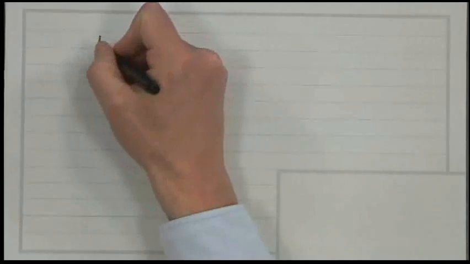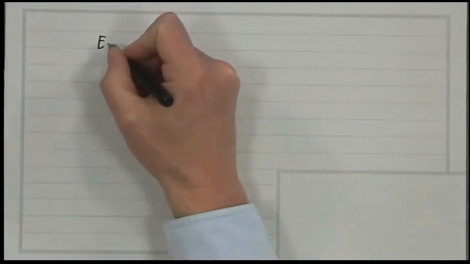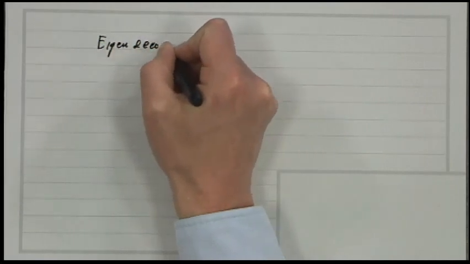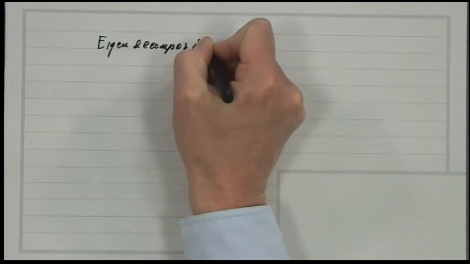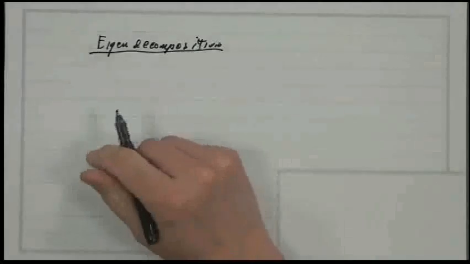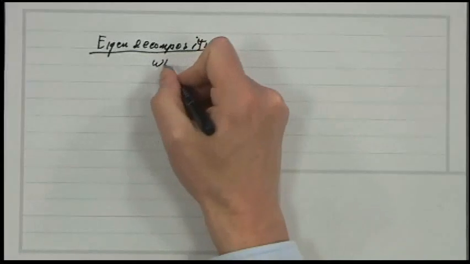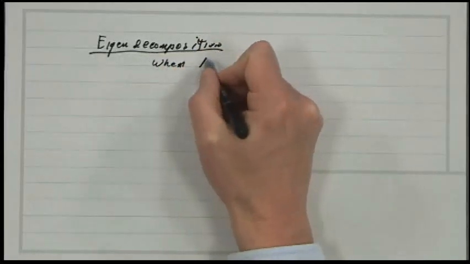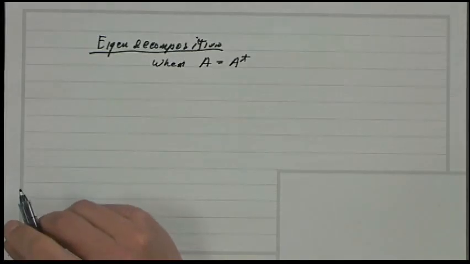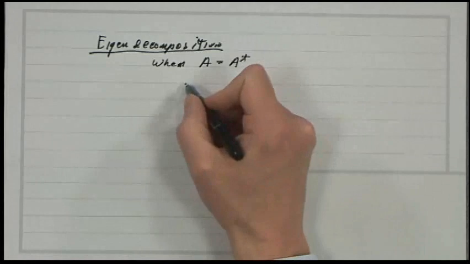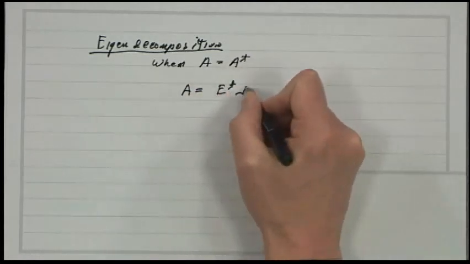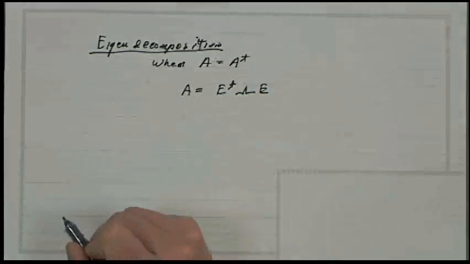For eigenvectors, eigen decomposition, the problem is that when A equals A transpose, if A is a symmetric matrix, then you have A equals E transpose lambda E.